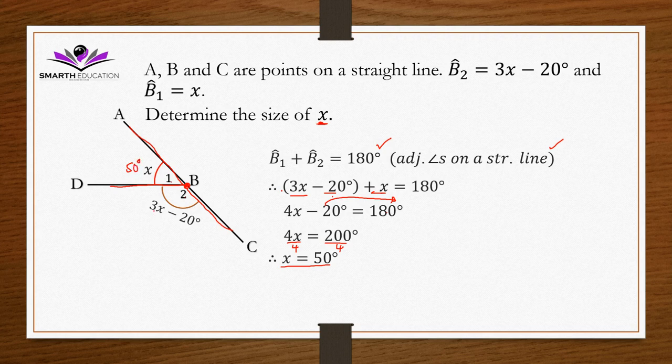And then this one is going to be 3 times 50 degrees minus 20 degrees. 3 times 50 is 150, 150 minus 20, so this B2 is 130 degrees, if you're asked to find the size of B2. You see that? Okay, perfect. But we were just asked to find the size of x, so we leave our answer like that.